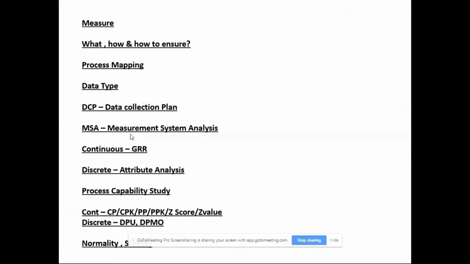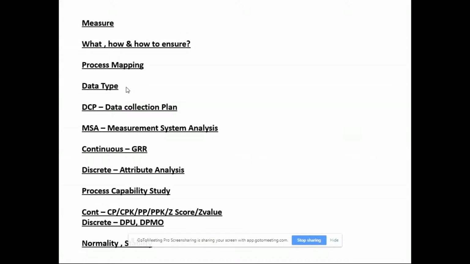Discrete. Yes. So continuous and discrete, and discrete data is also sometimes called attribute data, right? So that's the data which is telling about the attribute of a particular thing, right? So discrete or attribute data.